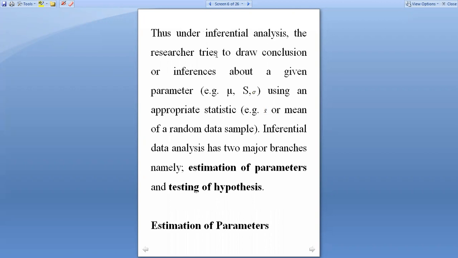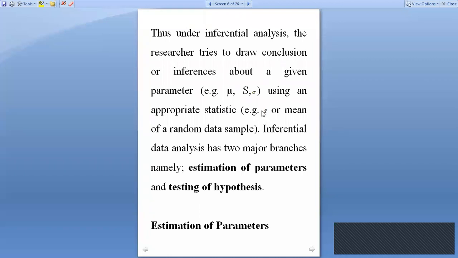The researcher wants to understand the parameter, but because he does not have enough resources to collect data from the entire population so that he can compute the parameter, what he does is to collect data from the sample, and then the researcher tries to draw conclusions or to make inferences about that parameter using the corresponding statistic.